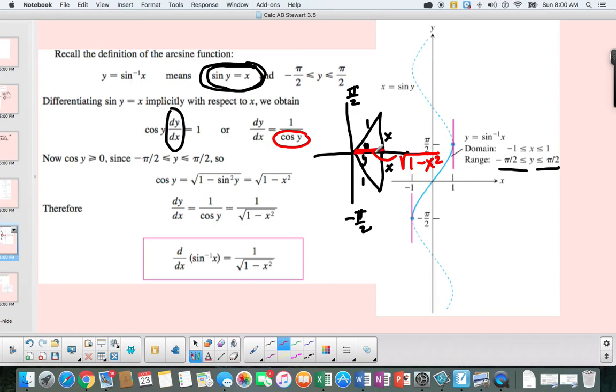So the cosine of y is adjacent over hypotenuse. So right down here will be adjacent, root 1 minus x squared, divided by the hypotenuse, 1. And that will simplify to just this. Now this is just a positive answer. It's 1 over root 1 minus x squared. And if you look at the curve right here of sine inverse, notice that all the tangents are always positive. So this formula makes sense for our graph.